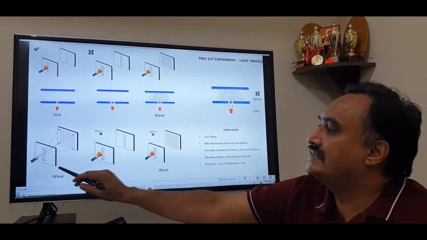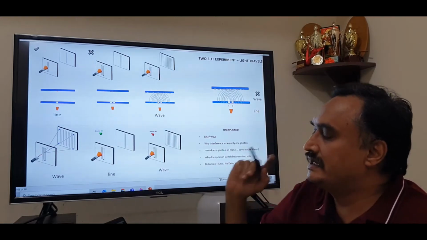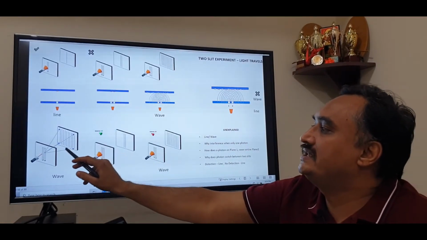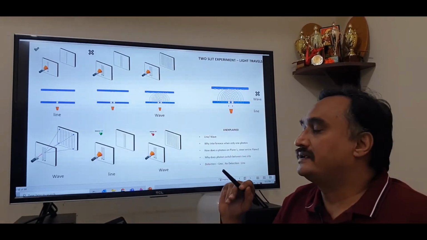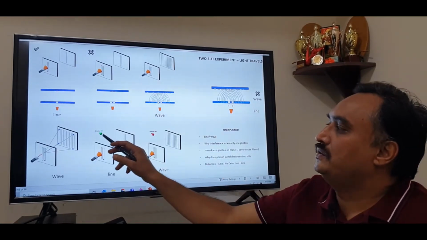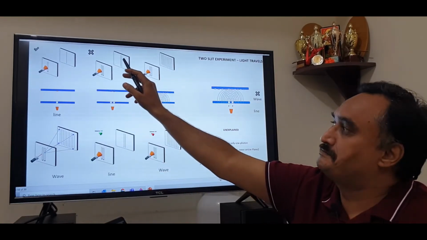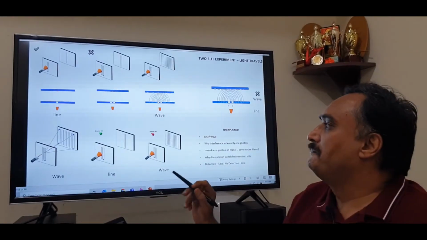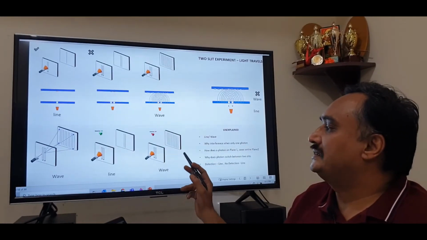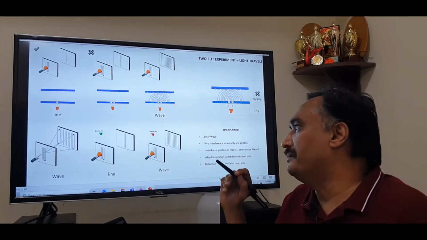And when they sent photon by photon through these two slits, it was still seen that the interference pattern came up. When you put the detector on, what was least expected, light traveling like a line, was restored, and when you switched off the detector, the interference pattern came up.